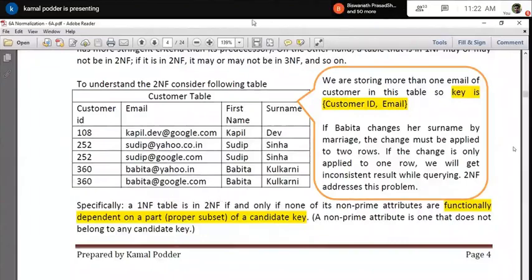Email can also be a repeated value. As per the first normal form, they have suggested that you cannot keep it side by side or in two different columns. So I have to create two records for two email IDs. So you just see, my customer record will be like this.